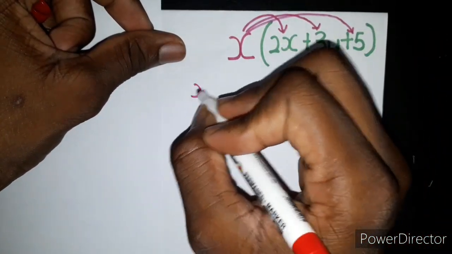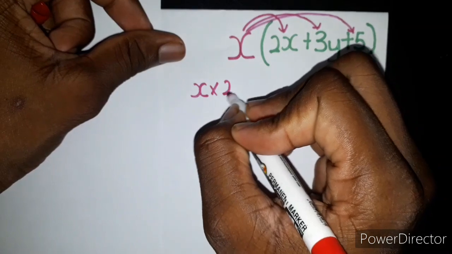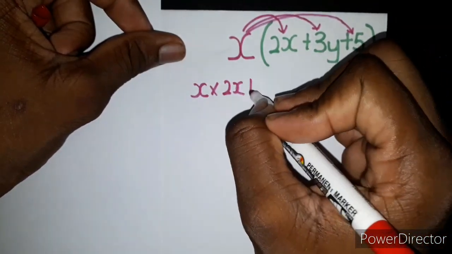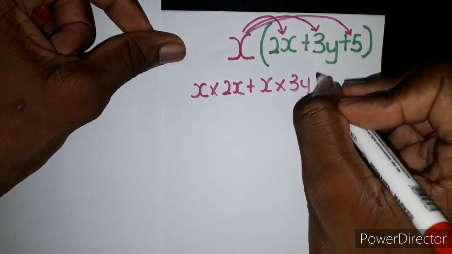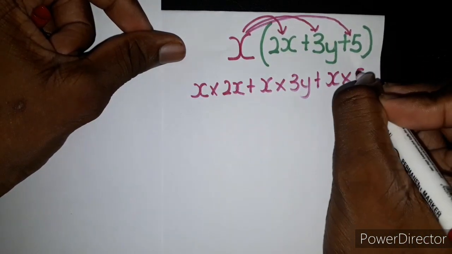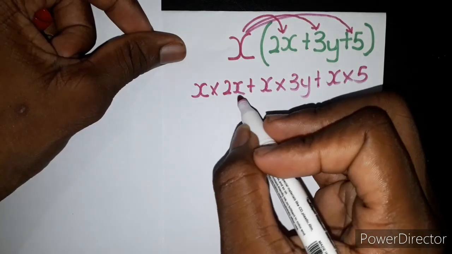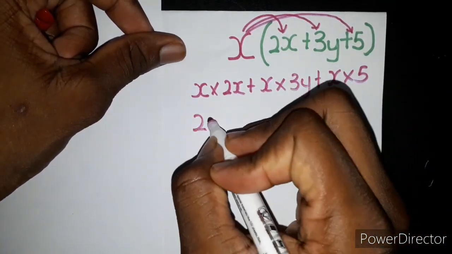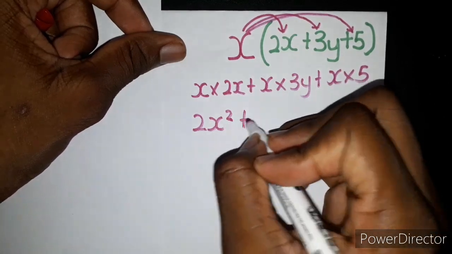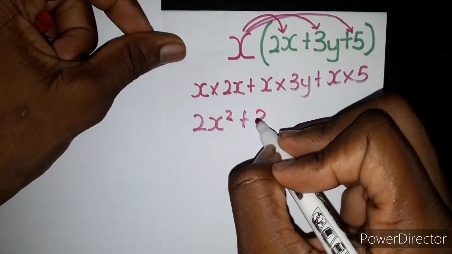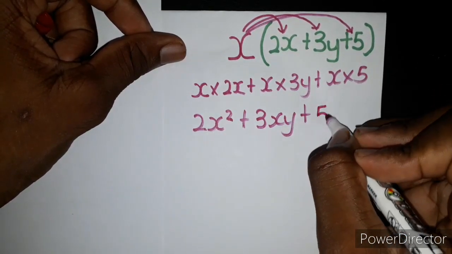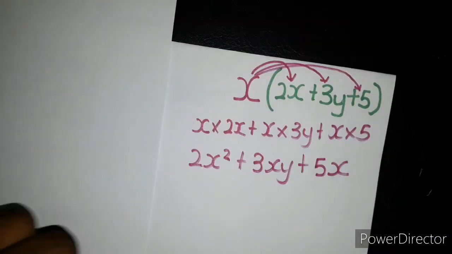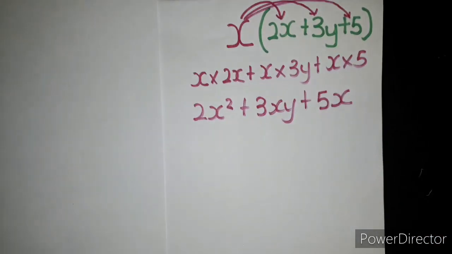So this x will multiply the 2x, plus the x will multiply the 3y, plus the x will multiply the 5. x times 2x will give you 2x squared, plus x times 3y will give you 3xy, plus x times 5 will give you 5x. And that is how you distribute for that question.